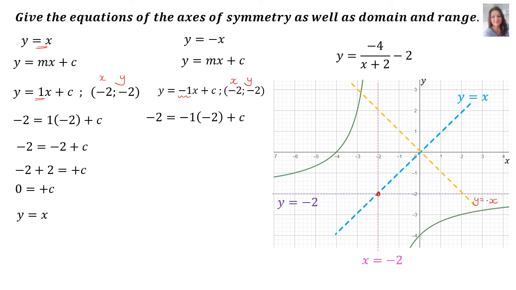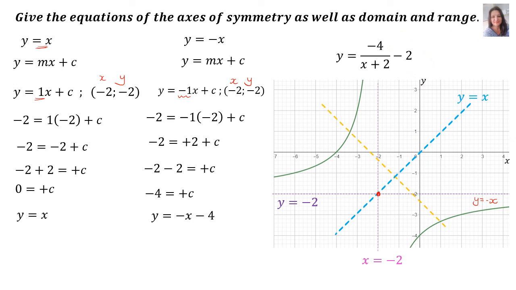Therefore, -2 is equal to -1 bracket -2 plus c. -2 is equal to +2 plus c. Let the 2 walk across. -2 minus 2 is c, and c's value is -4. Therefore, the equation for your other axis of symmetry will be y is equal to -x minus 4. And there is your new equation for your axis of symmetry.